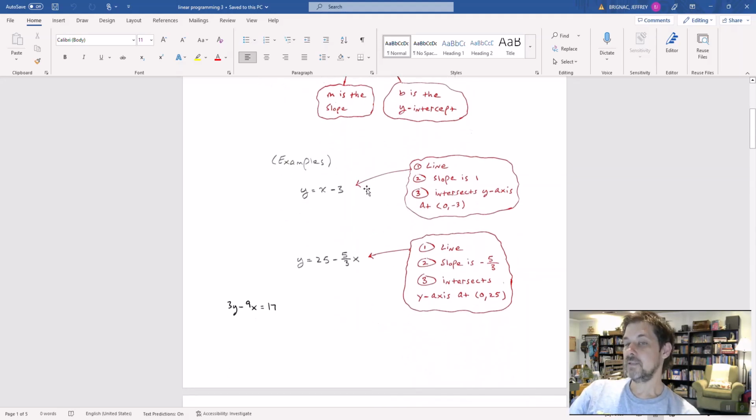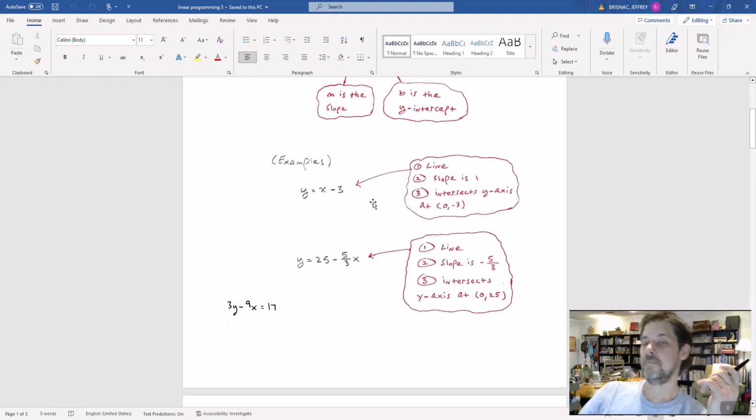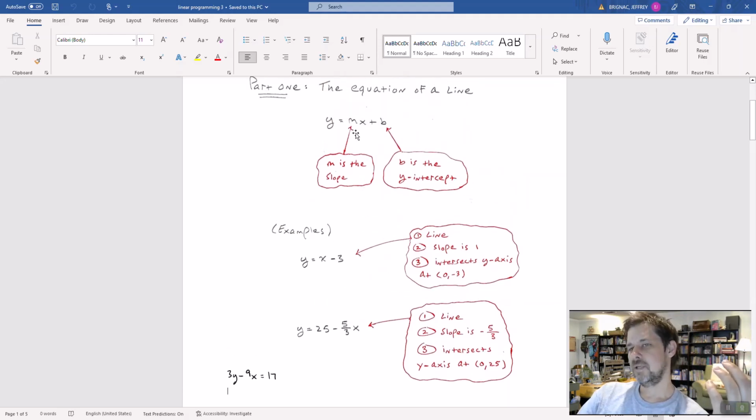So let's look at some examples. We always need to see examples. I have 3 examples right here. This one, y is equal to x minus 3. In my formula up here, it says y equals mx plus b, but we'll have to read into that a little bit. m is the slope of the line, which is a measure of how steep the line is.